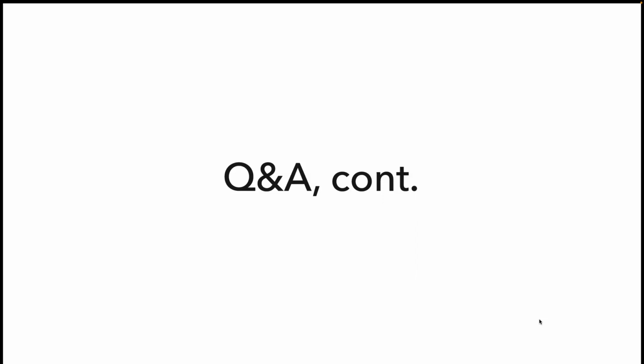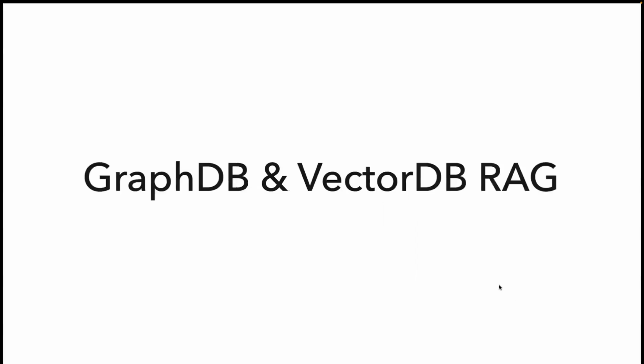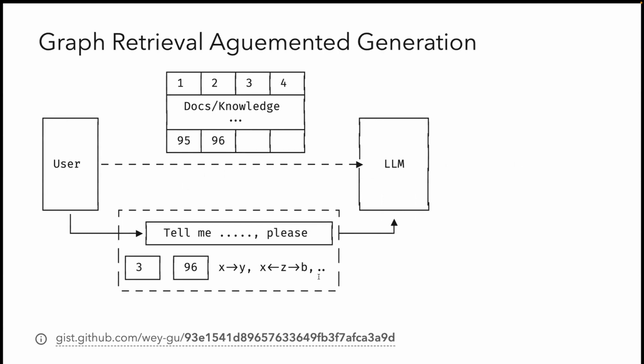Yeah, and I think you already know the answer. They are not, and they can be put together. So let's look back at the RAG process. What if we put the knowledge graph-based retrieval together with the vector-based retrieval?